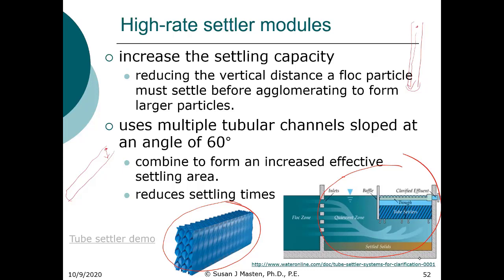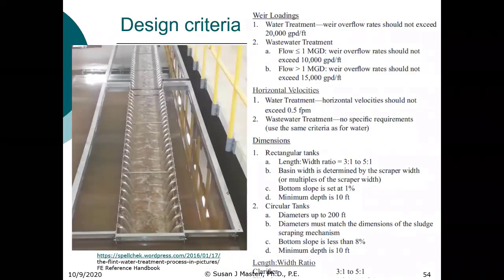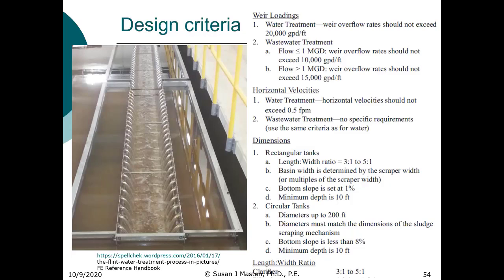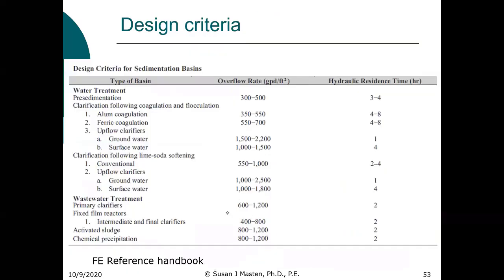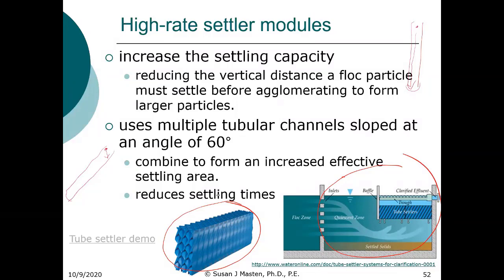What you'll see in the photo here, you can't see it, but this is a bank of tube settlers that were added to the treatment plant in Flint. These were added because, as I mentioned, you can retrofit an existing tank. You fit the tube settlers right in the tank itself.